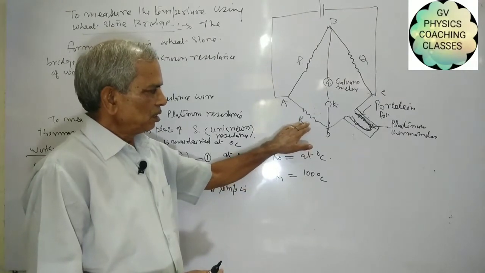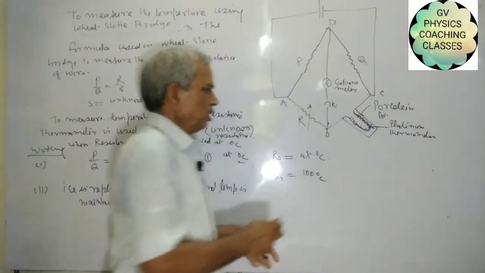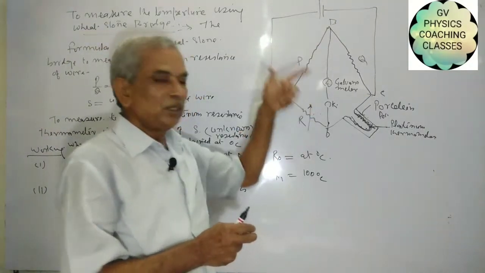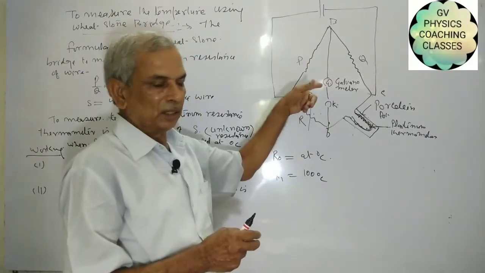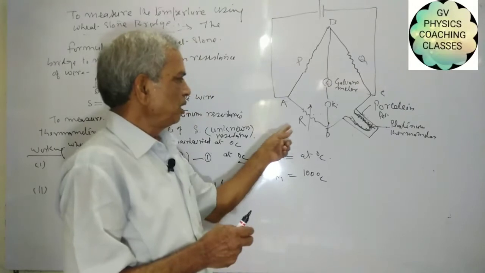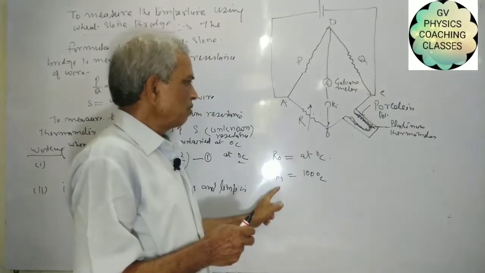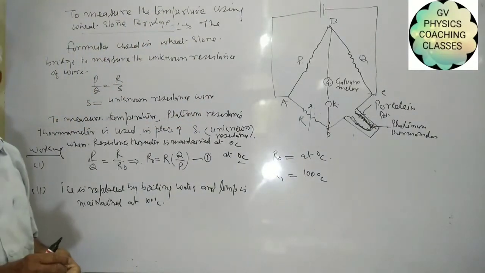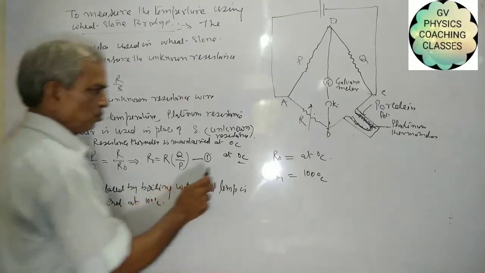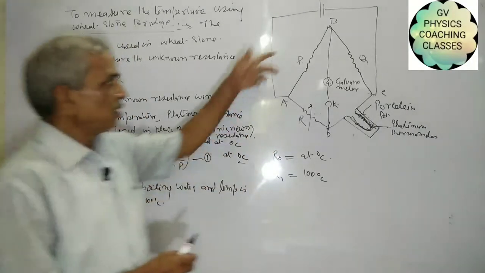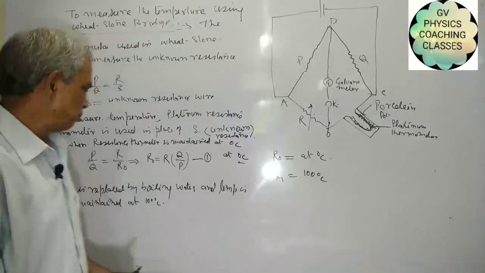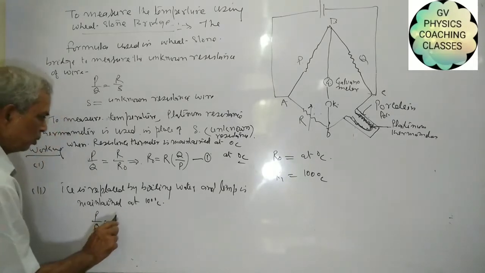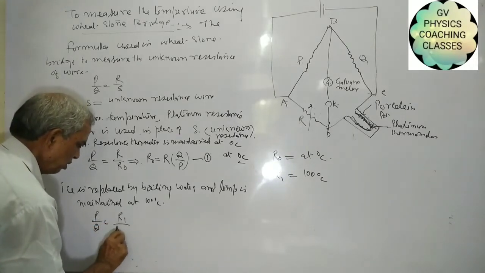This is the variable resistor. So we change it to get the zero current between B and D. The ratio of P and Q should be the same as the ratio of R1 and R100. At that condition, the current between B and D will be zero. Then P upon Q is equal to R1 upon R100.